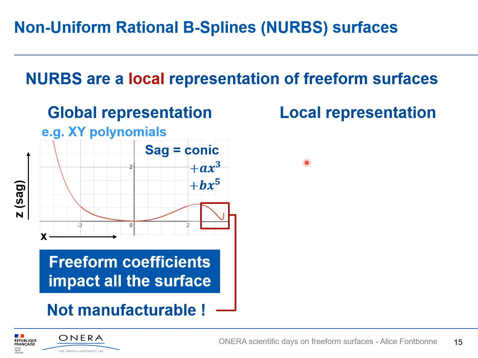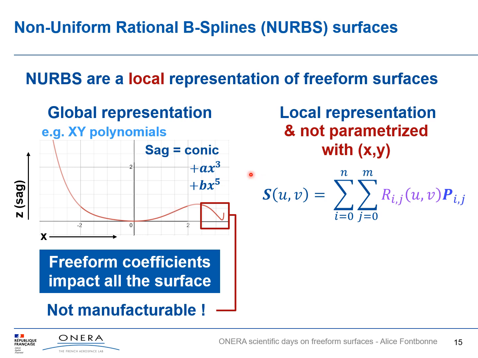On the contrary, a local representation does not modify all the surface. But the drawback is that for NURBS, it is not parameterized with x and y, but with different parameters. And the surface is defined with an equation like this one, with a basis function and control points.